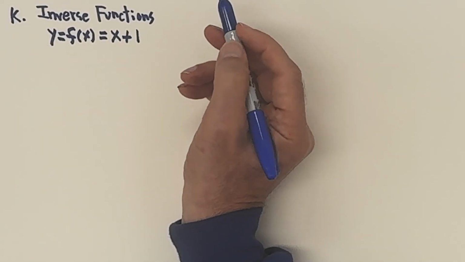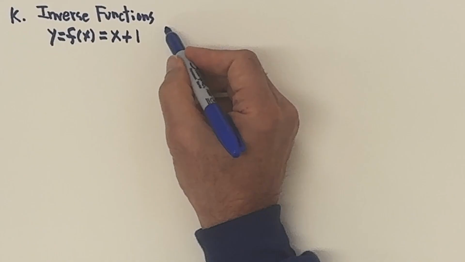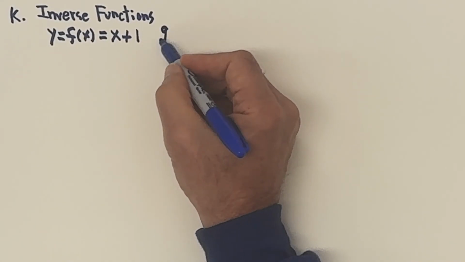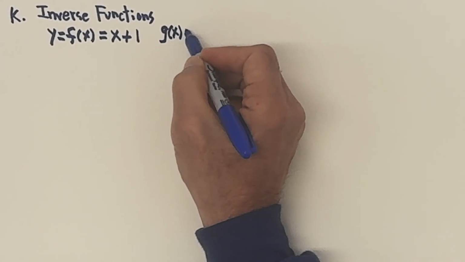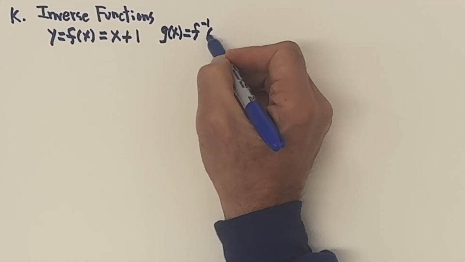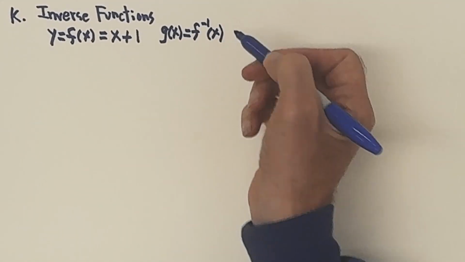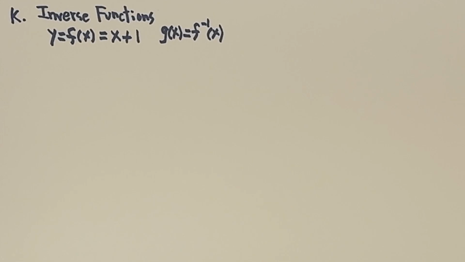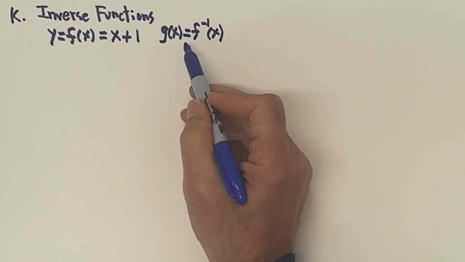And the question we're going to ask is, what is the inverse function? Now, the inverse function I'm going to call g of x, and we can also write that as inverse function of x, like that. I want to find this two different ways.